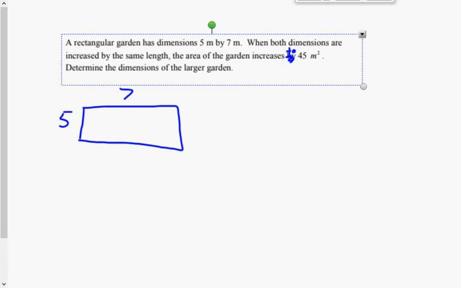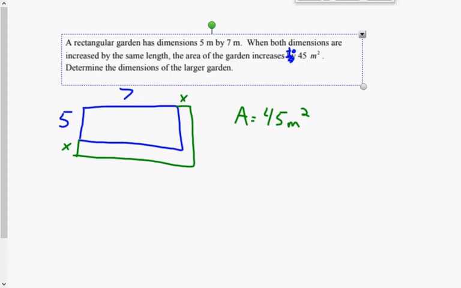So what that means is I've had this garden. Now what I've done is I've extended it out by X amount here, and X amount here, to increase my garden by so much. And now my new area is actually 45 meters squared.